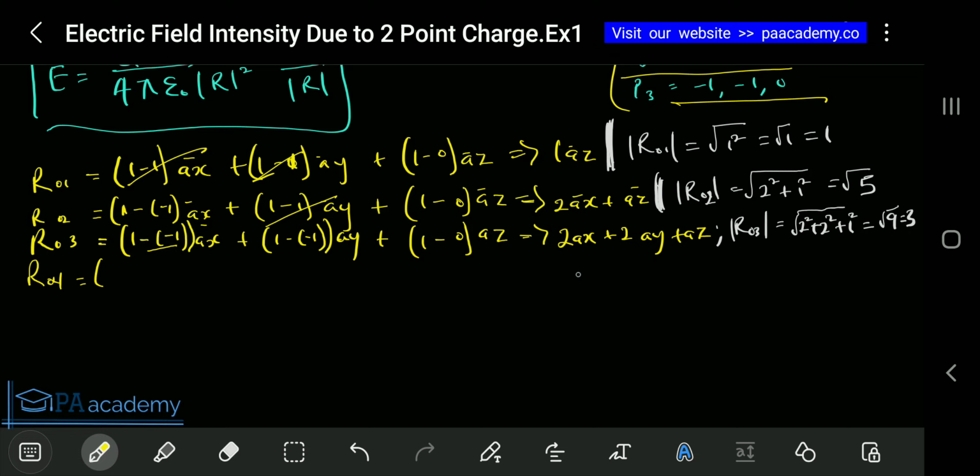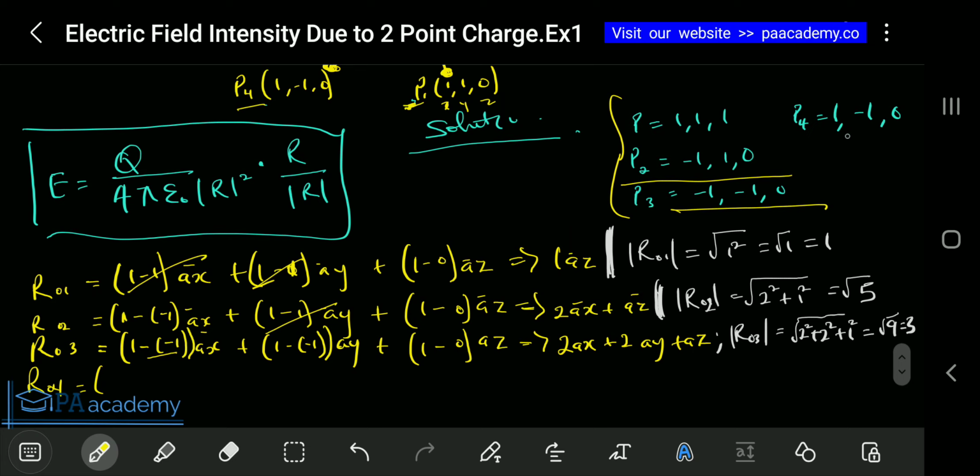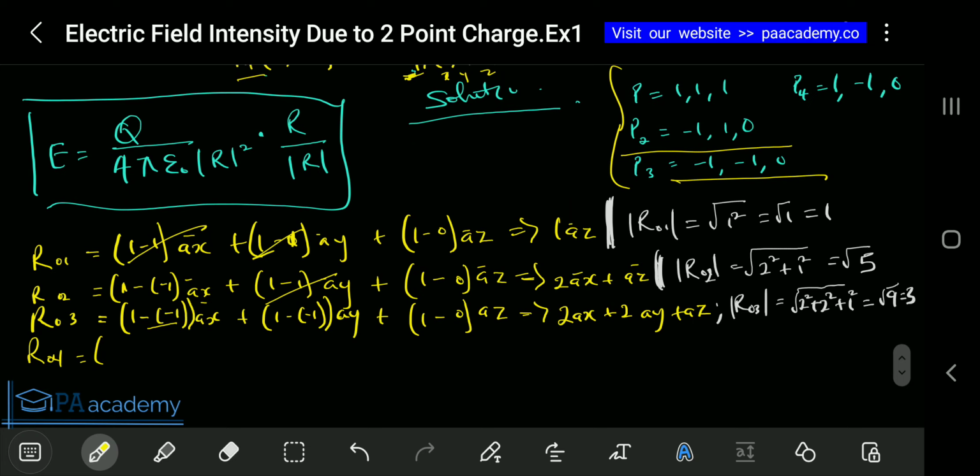So for R04, this is 1 minus 1 AX plus 1 minus 1 AY plus 1 minus 0 AZ.